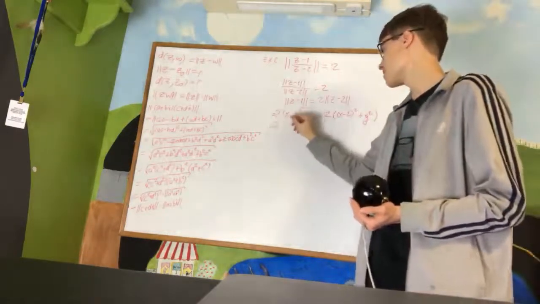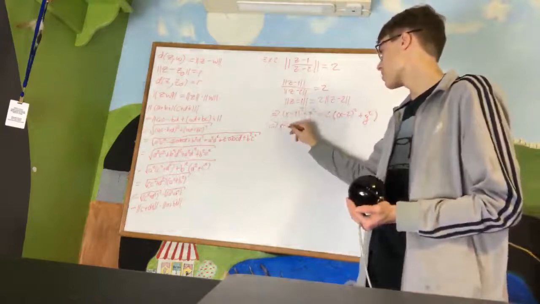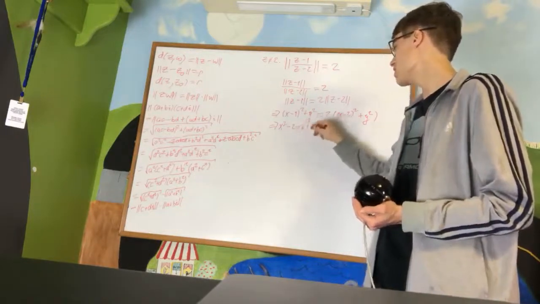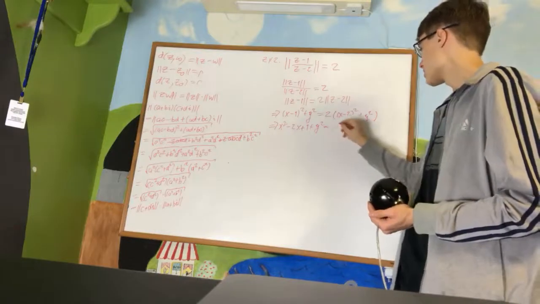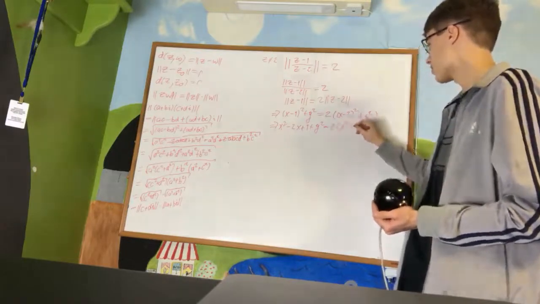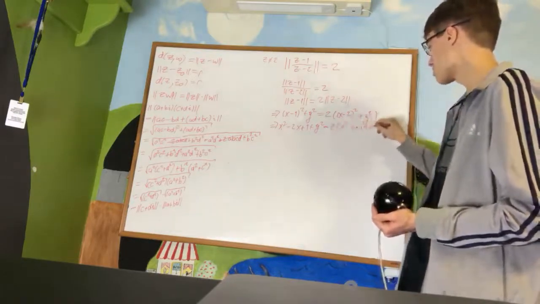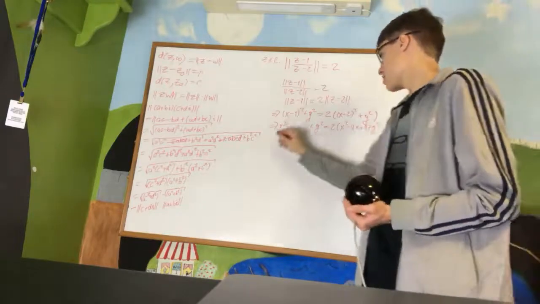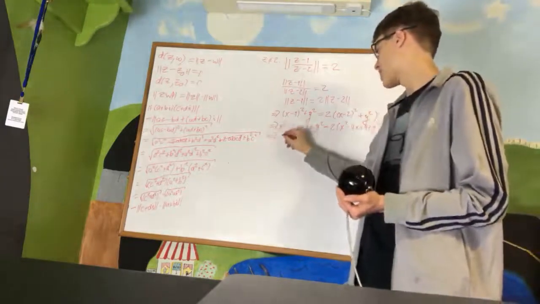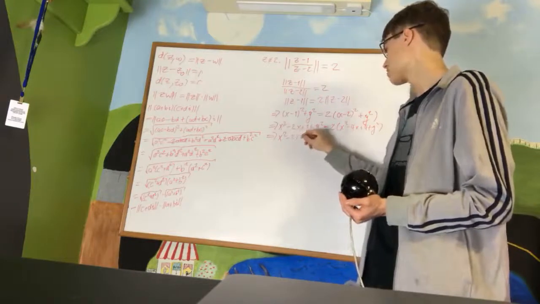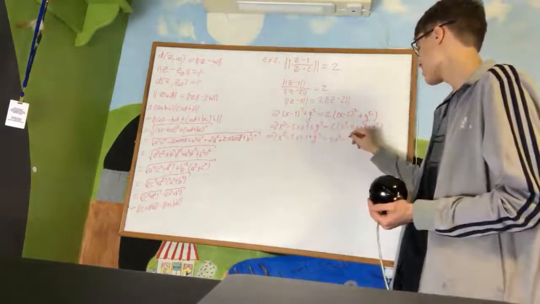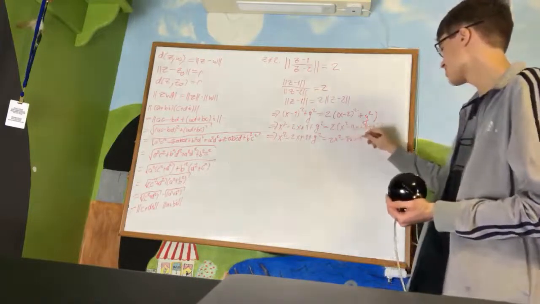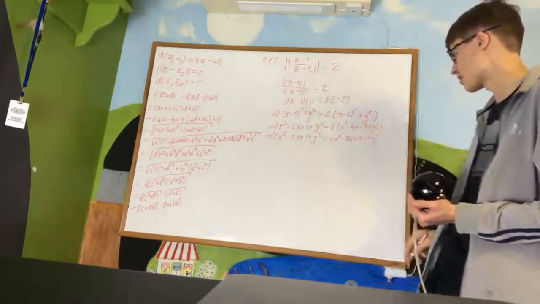So here we get, just FOIL that out, x squared minus 2x plus 1 plus y squared equals, right there, let's FOIL it out, x squared minus 4x plus 4 plus y squared. Now I get x squared minus 2x plus 1 plus y squared equals 2x squared minus 8x plus 8 plus 2y squared.